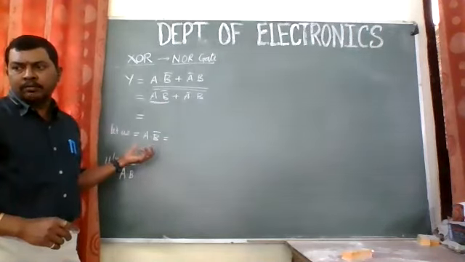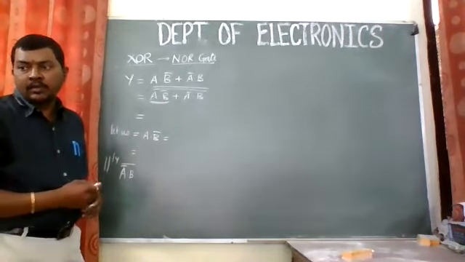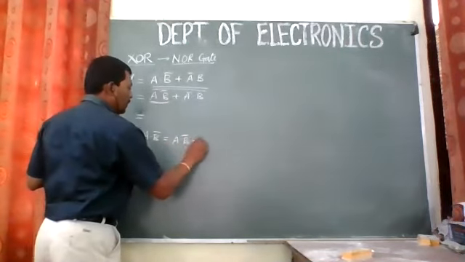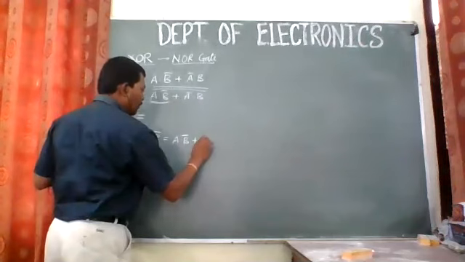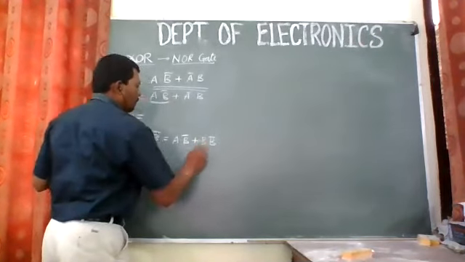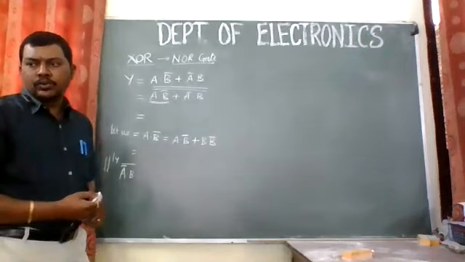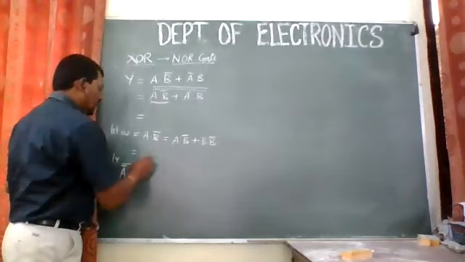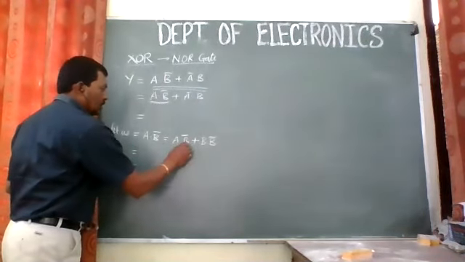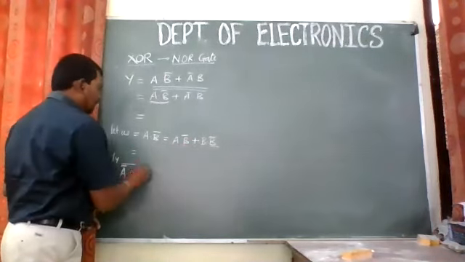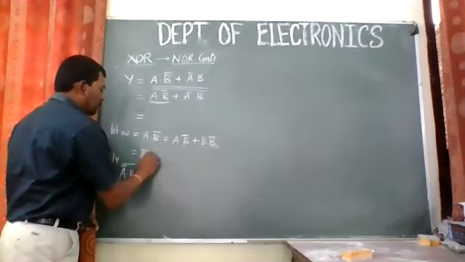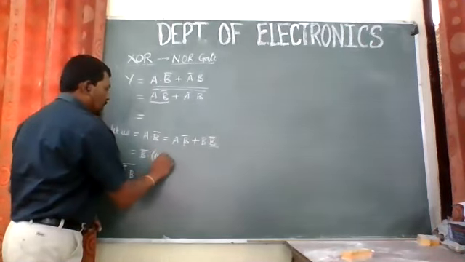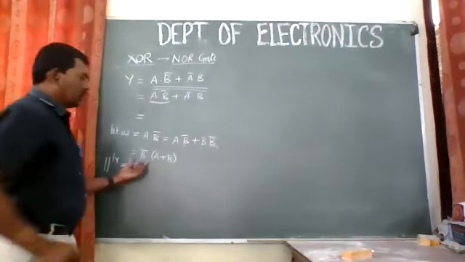So A dot B bar can be written as A dot B bar plus, now here we will not be putting the complements, here we are going to put B dot B bar. So A dot B bar plus B dot B bar. If you put that, we'll have B bar as common. So B bar dot A plus B, right?